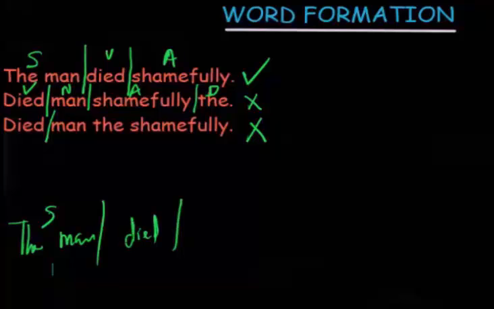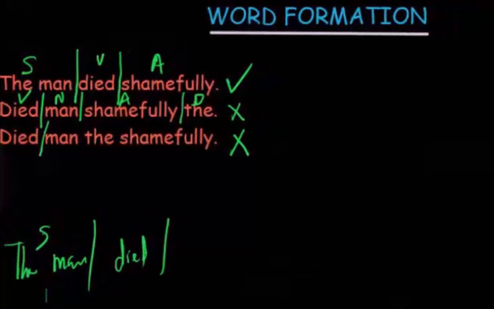There is no way for any sentence you are making in English language, you must have at least the subject and the verb. They must come together. At no time will you have a verb beginning a sentence.